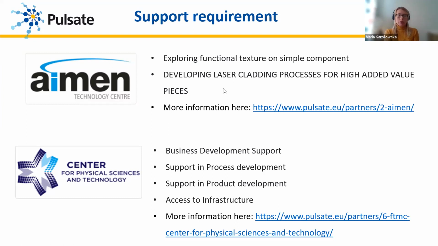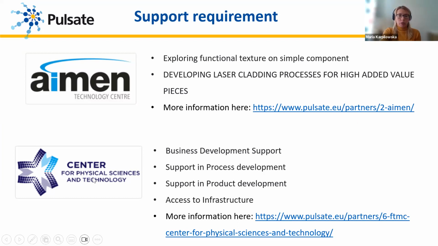So from IMAN Technology Center, without going into too much technical detail, the services you may request from IMAN are exploring functional texture on simple components and developing laser cladding processes for high added value pieces, and you can find a detailed description of those services under this link here.